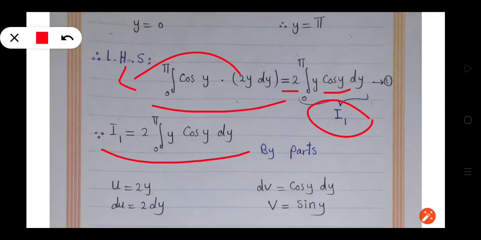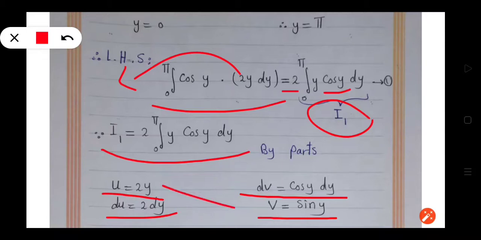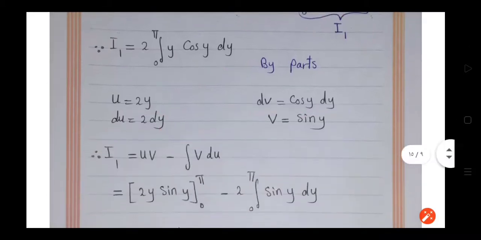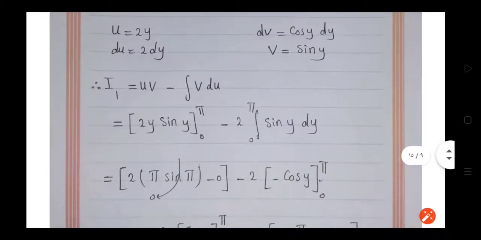Let u equal 2y, so du equals 2 dy. And let dv equal cosine y dy, so v equals sine y. We know the rule of integration by parts: uv minus the integral of v du.